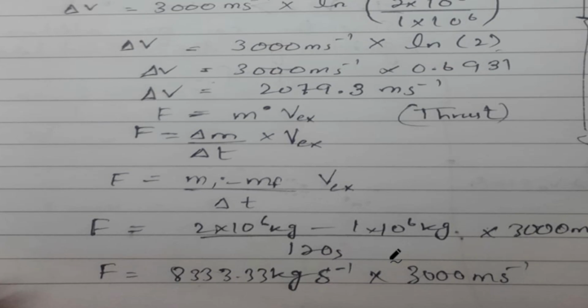Now I have to put in the values: 3000 meters per second for the exhaust speed, and the time, which is 120 seconds. After putting in the values you will get this result. This is the multiplication of the exhaust speed and the rate of change of mass.